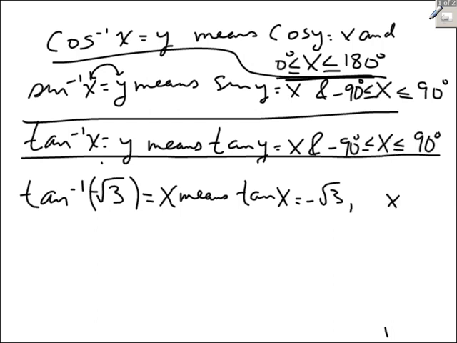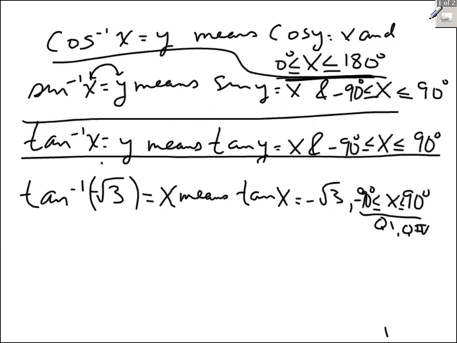And x is in between negative 90 degrees and positive 90 degrees. That's what that means. So this here is quadrant 1 and quadrant 4.